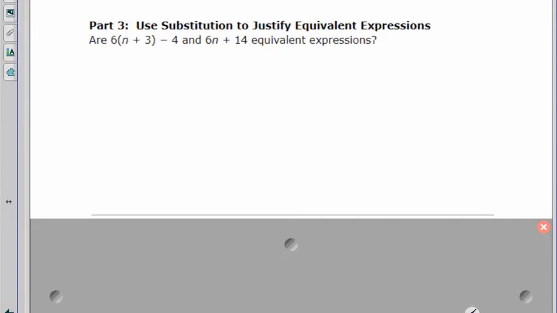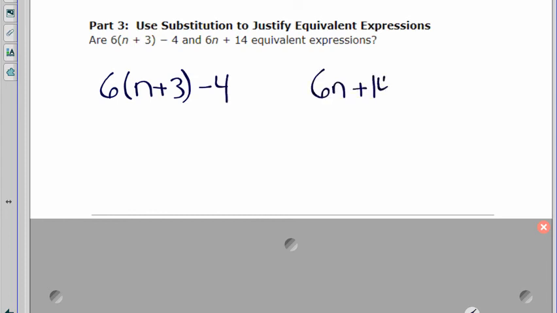Okay, now here's actually an easier way to see if expressions are equivalent. We can substitute in a number and see if they're equal. So here we go. If we have 6 times the quantity n plus 3, minus 4, and 6n plus 14, if they are equivalent, then they're going to be equal for anything you put in for n. So pick something relatively easy. How about 10?